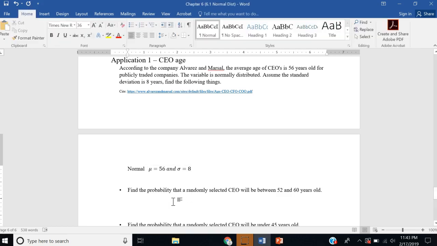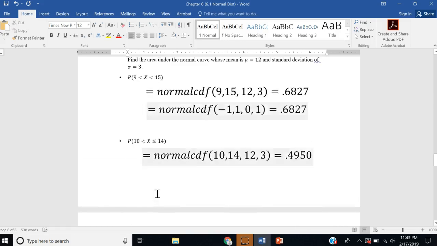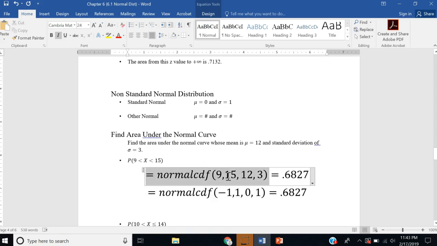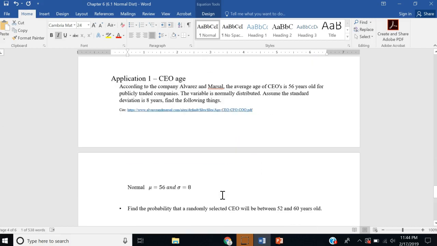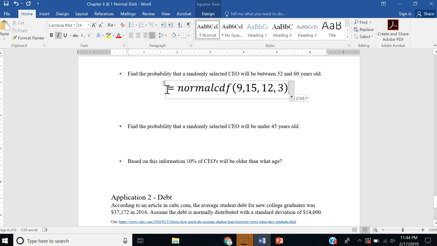What we're looking for in this first problem is a probability, and it's almost exactly like these probabilities. To find that probability, we're going to be using a normal CDF function. So find the probability that we're between 52 and 60.